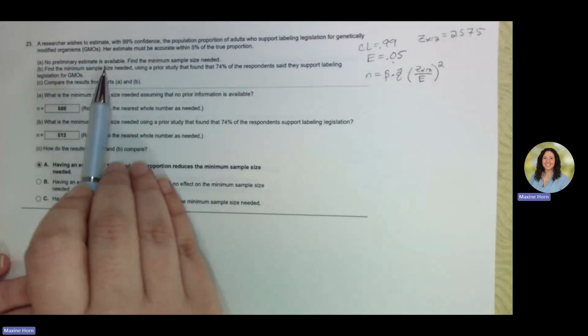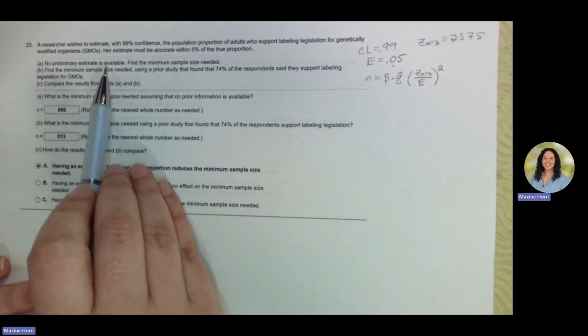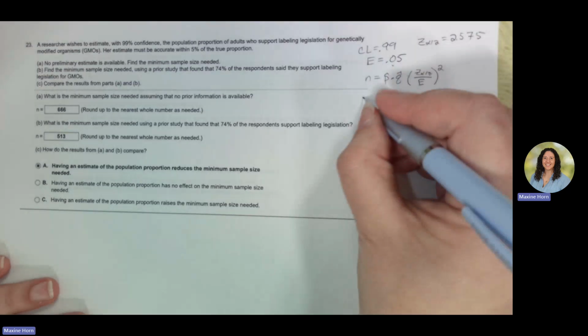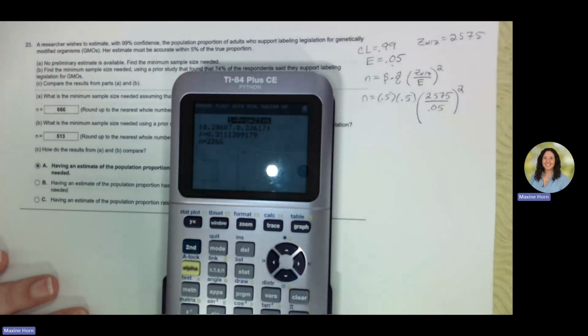They said no preliminary estimate is available, but that's okay because when we don't have it, we assume that P hat is 0.5, which by default means that our Q hat is also 0.5. Okay. All right, our Z alpha halves was 2.575. Our margin of error is 0.05, and we're going to square it. Okay, so we're going to plug this into the calculator.